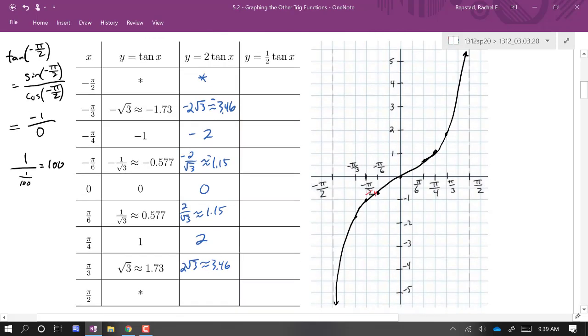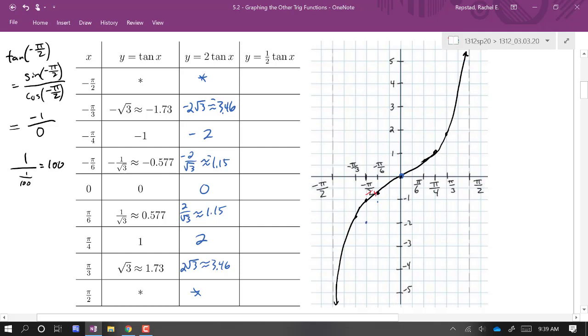And then again, it still blows up at positive pi over 2. So they go through the same point 0, 0. And then let's see what happens. At negative pi over 6, we're at negative 1.15. At negative pi over 4, we're at negative 2.